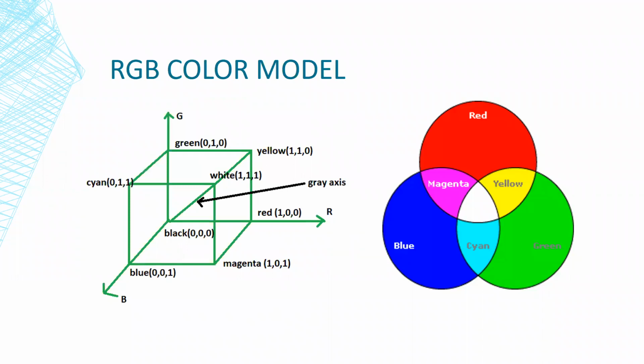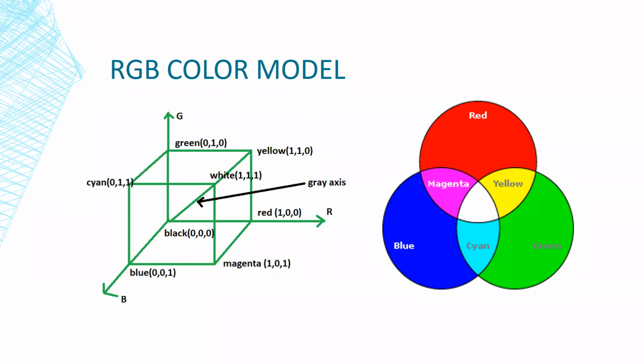Another has its peak sensitivity at about 530 nanometers, that is green. And the third pigment is most responsive to light with a wavelength of about 450 nanometers, that is blue. By comparing intensities in a light source, we perceive the color of the light.